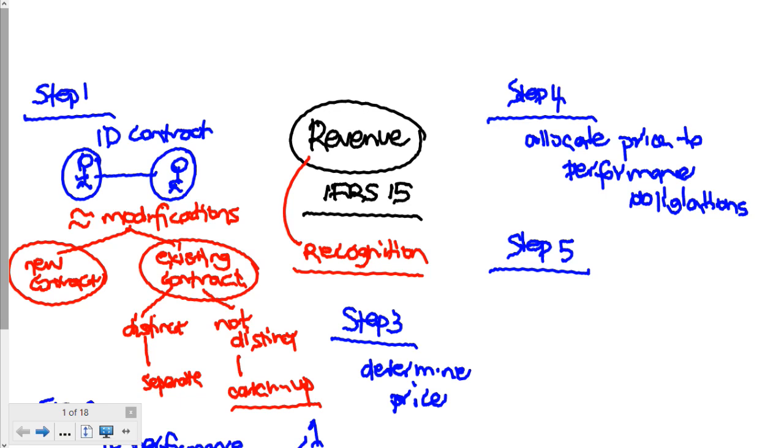Step five, the last step of revenue recognition, is to look at when the performance obligations are satisfied. I'm going to say performance obligations are met.